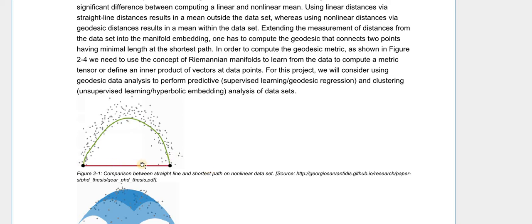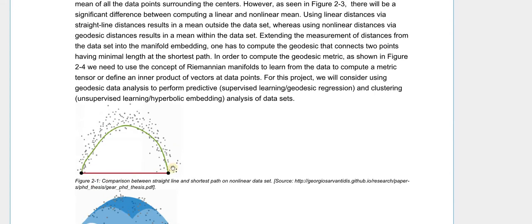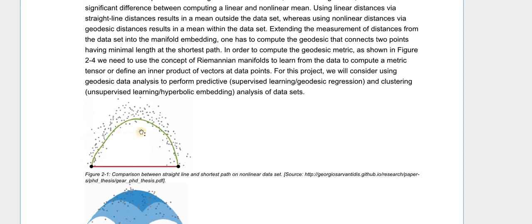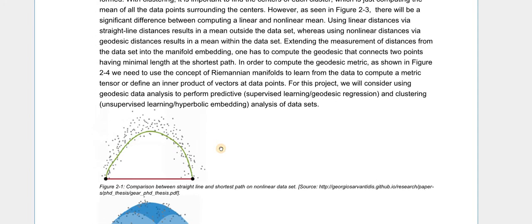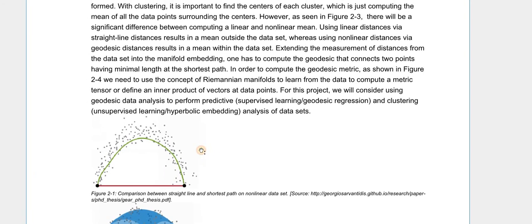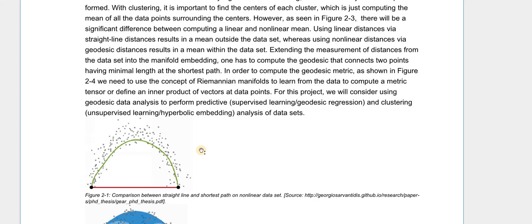So the distance between these two points would be the straight line. You just apply the distance formula. But what about this green curve? How would you compute the shortest path between these points along this curvilinear line? For a nonlinear data set, this isn't so simple, but we have a name for it. I also want to introduce it now.